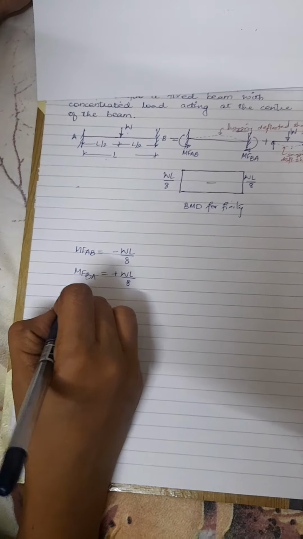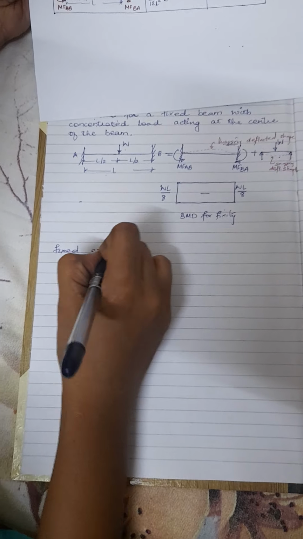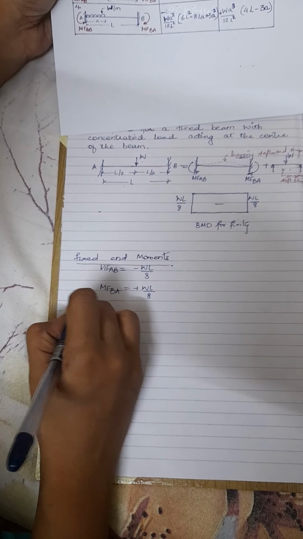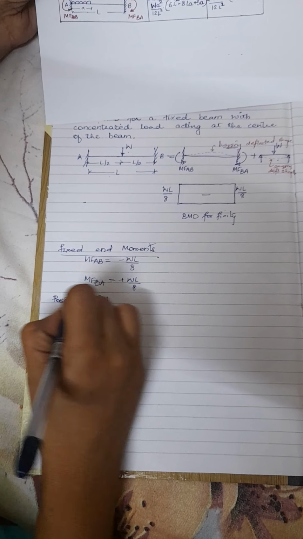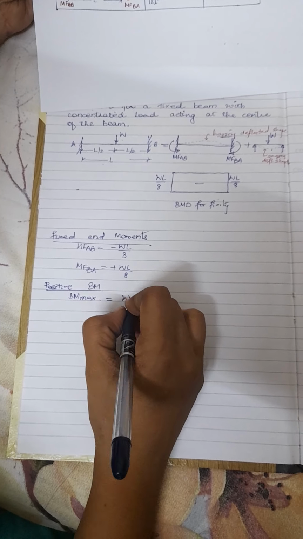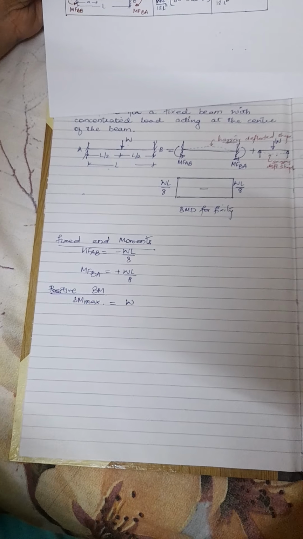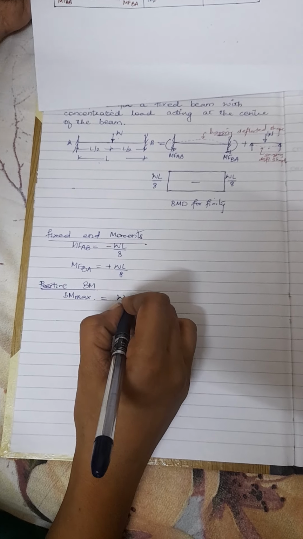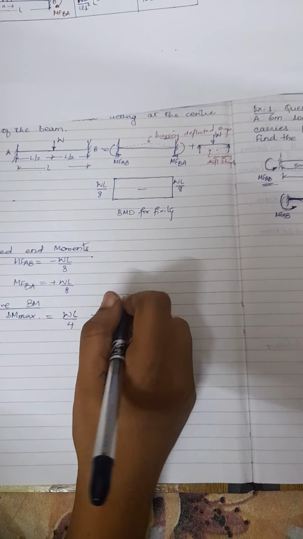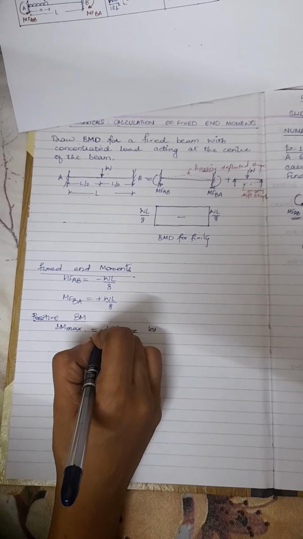Bending moment maximum is positive bending moment, WL by 4. So we have W value, so this is WL by 4 positive.